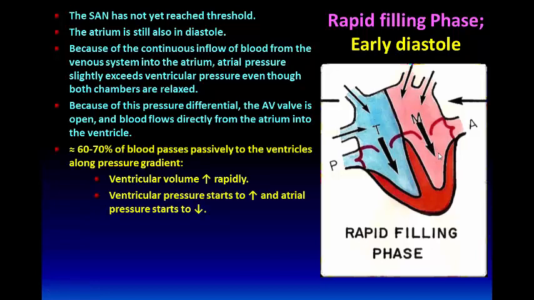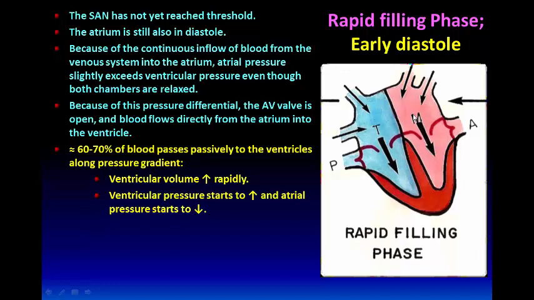And approximately 60 to 70% of the blood passes passively from the left atrium to the left ventricle along the pressure gradient, because the left atrium has not yet begun its systole, so it is still in diastole.